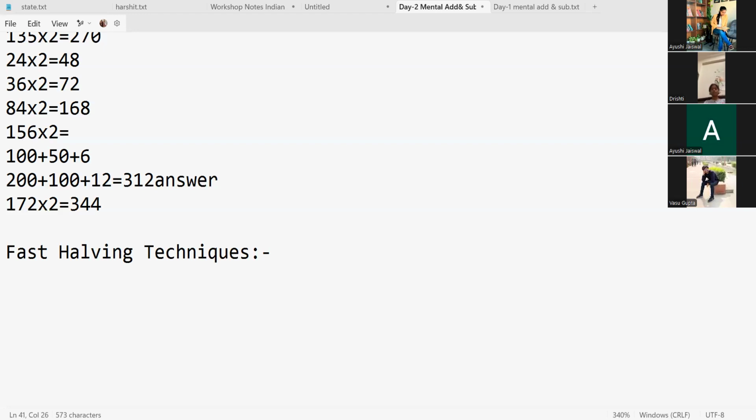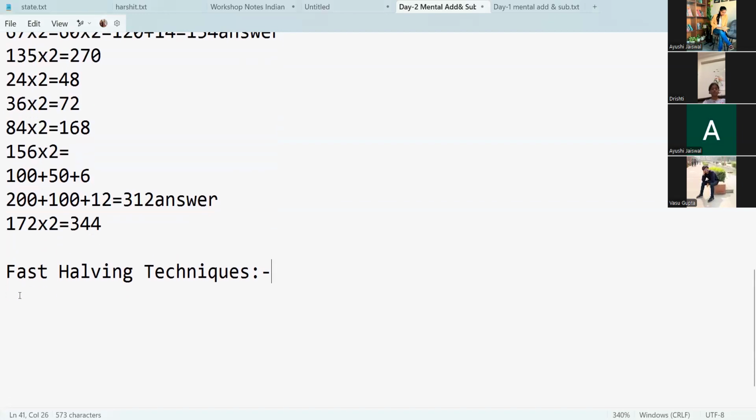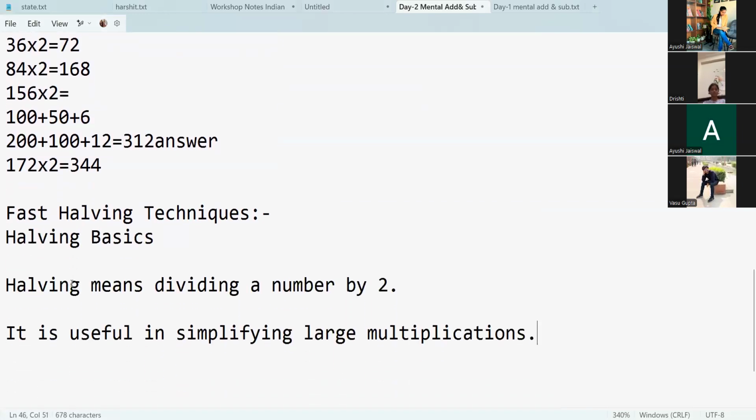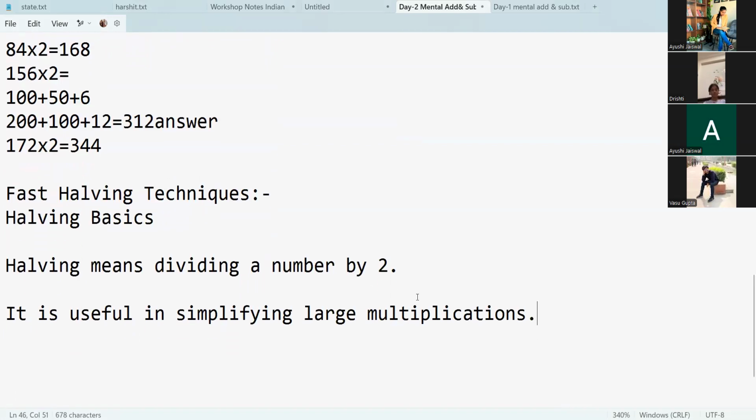So divide by 2 and solve the simplest large multiplication or division. Multiplication I already explained, the 16 by 25. Halving means dividing a number by 2, and it is very useful. For example, 84 divided by 2.